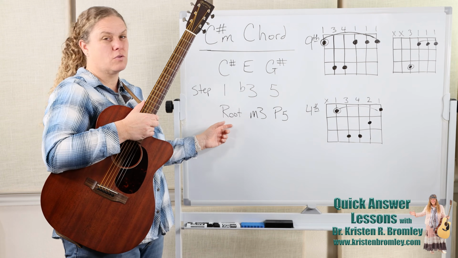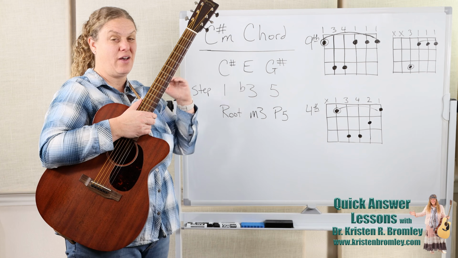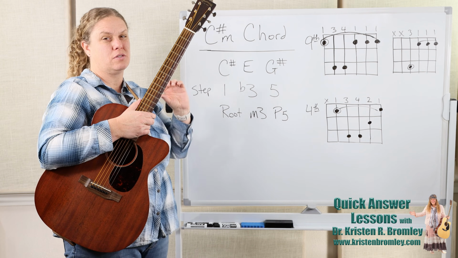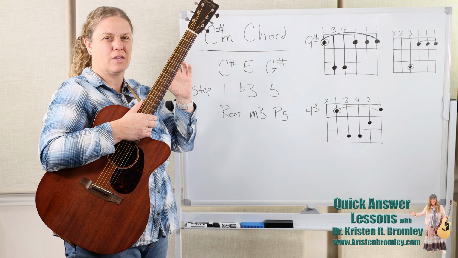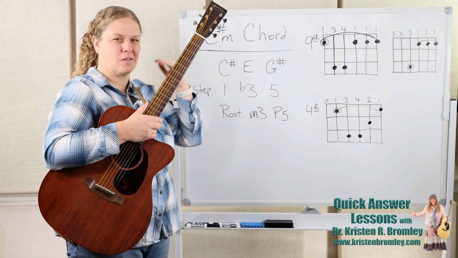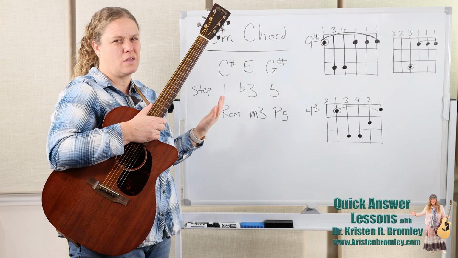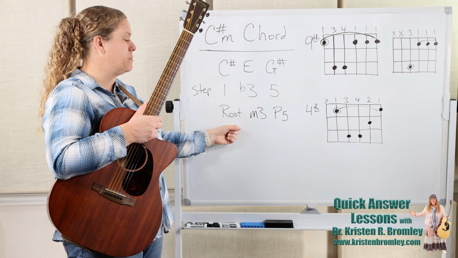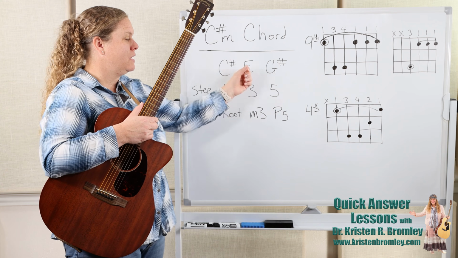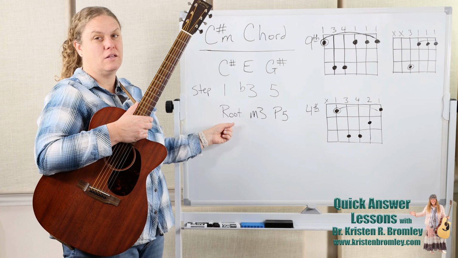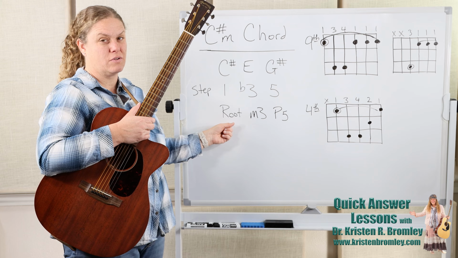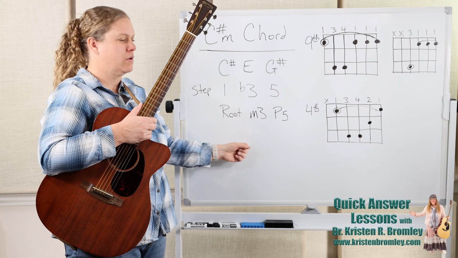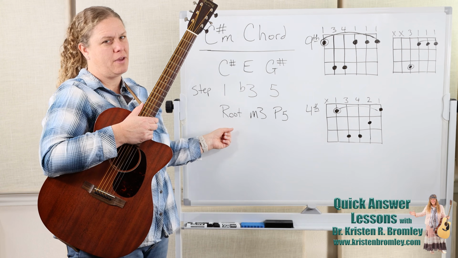The C sharp is the root, that's the starting pitch, the foundational pitch that the other pitches sit above and are built upon, creating the intervallic relationships that create minor versus major versus other types of chords. So C sharp is our root in this case. The E is a minor third interval above that root. If it was a major chord, it would be a major third interval above that root.